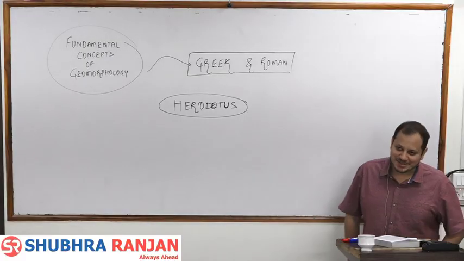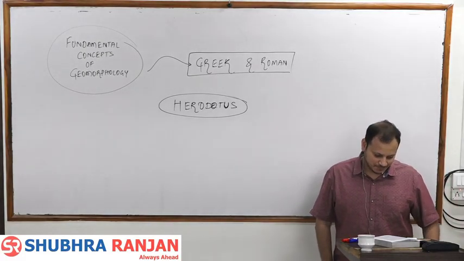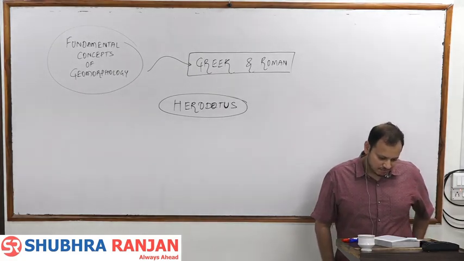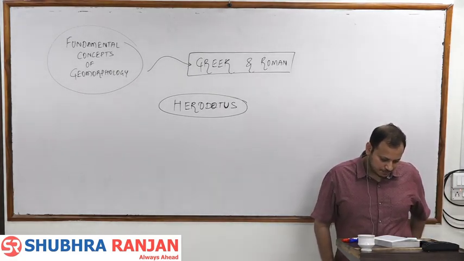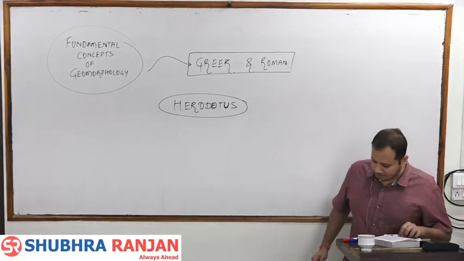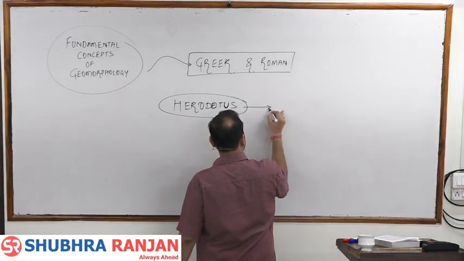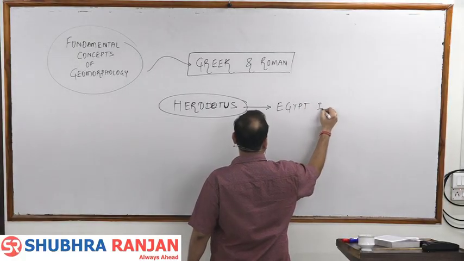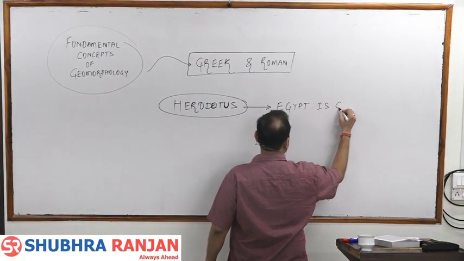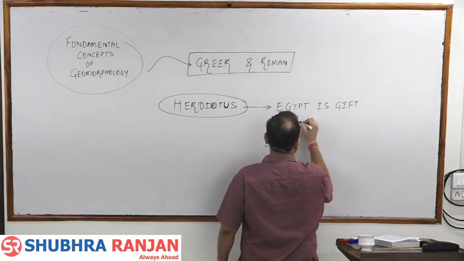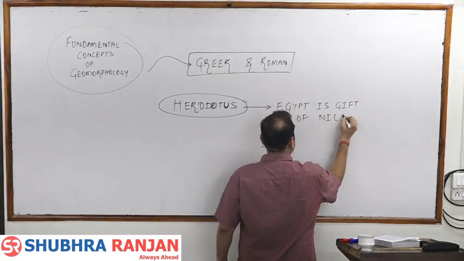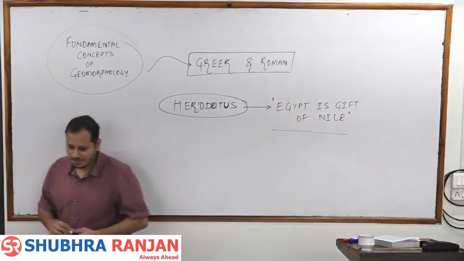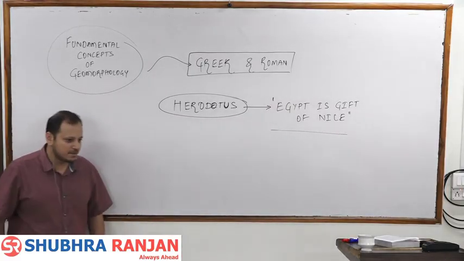So Herodotus is remembered for geographical observations through statements such as, Egypt is a gift of Nile.